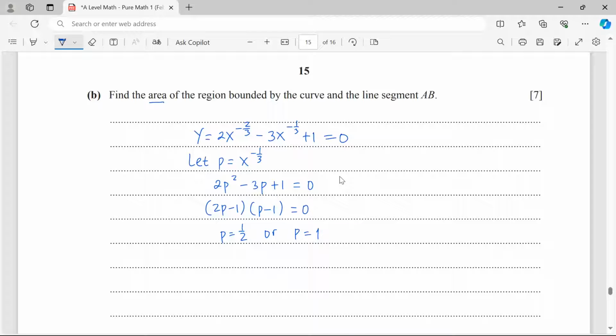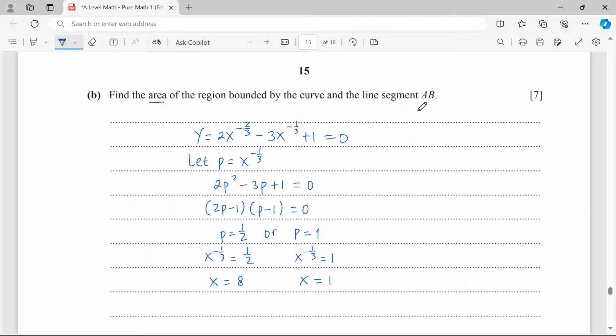And what is p? p is x to the power of negative 1/3. This is equal to 1 over 2, and this one is equal to 1. Now that means x is equal to 8, and from this one, x is equal to 1.